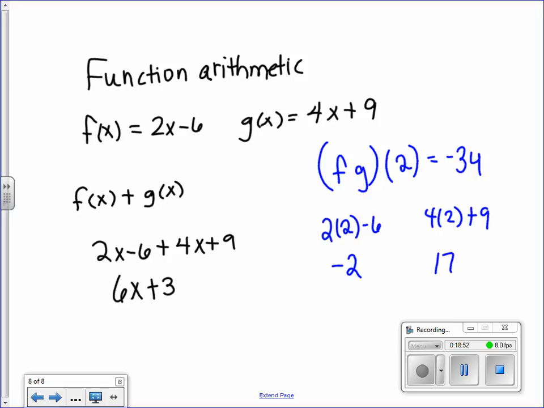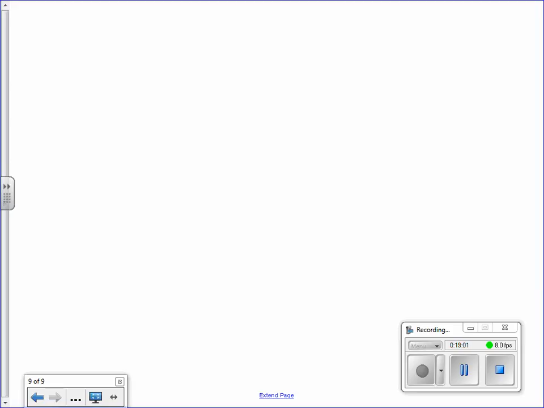On the division, if it will factor, you need to factor it and cancel out what you can cancel out. I've made one up here that doesn't factor. Let me see if I've got an example that factors. Nope, I do not. I can try to make one up. This never works out. Alright, let's say f of x is x plus 3 and g of x is 2x plus 6.